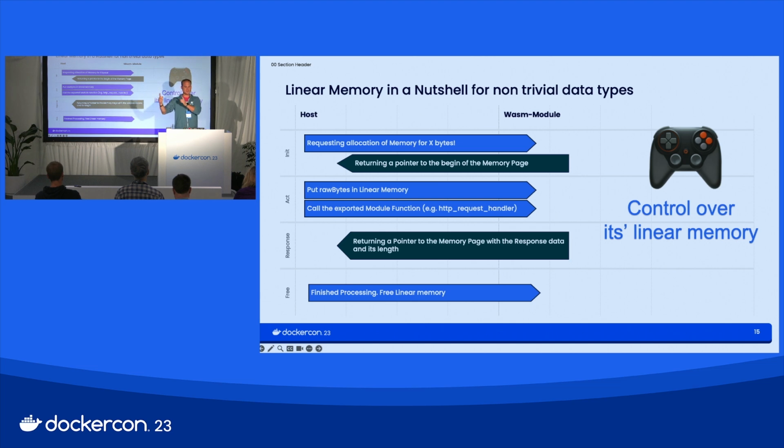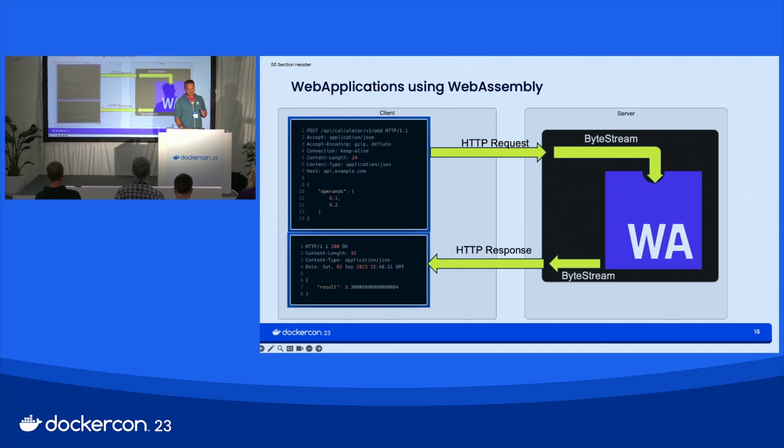It has this length. So on the host side, you can then go into the linear memory of the module, read n bytes from this position, put it in a structure, you have the response, send it back to the client. All is happy. Okay. This is in a nutshell. This sounds really easy.